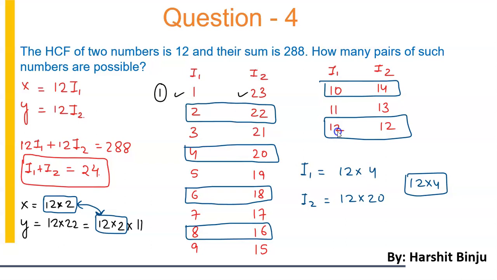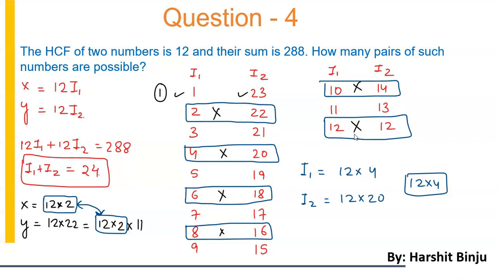So these are out, even pairs are out. The only thing that we're left with is the odd pairs.